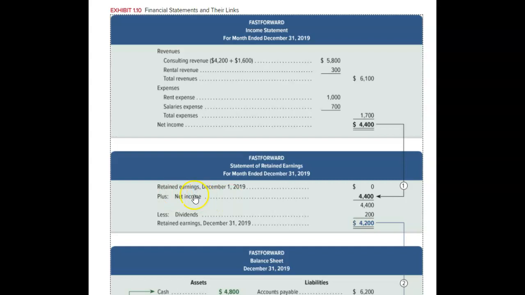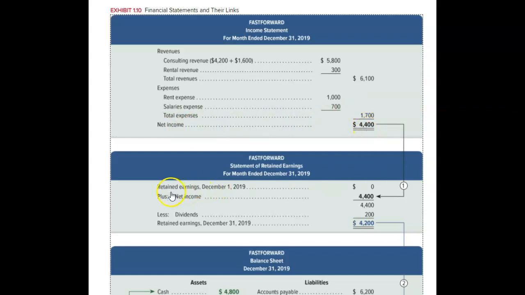Well, then why don't I see plus revenue minus expenses on this statement of retained earnings? Well, that's because that plus revenue minus expense calculation is already done on the income statement. Revenue minus expenses results in this example of $4,400 of net income.